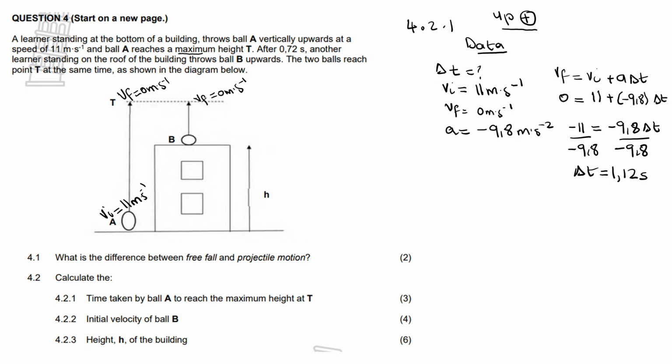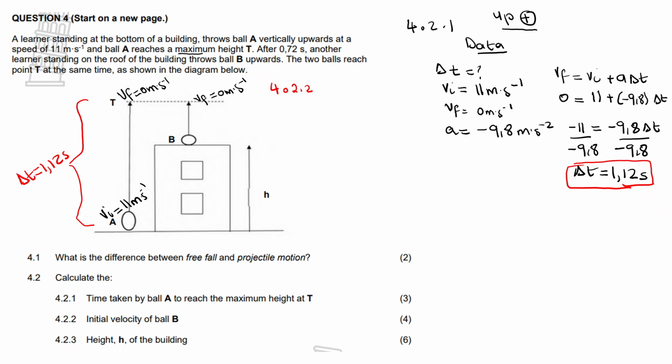Let us work on 4.2.2. So the time that it will take ball A to reach point T, the time it will travel through this path, has delta T to be 1.12 seconds. So let's answer the next question, which is 4.2.2.